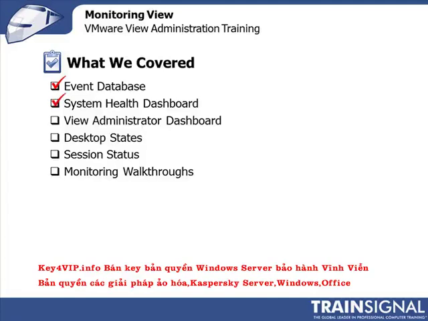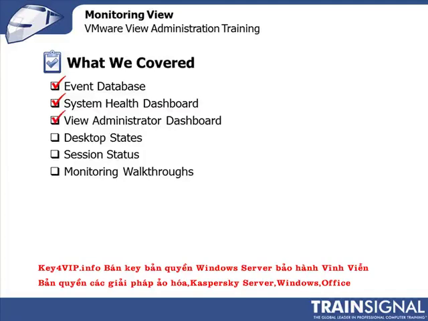Then we talked about the System Health Dashboard, which is that section on the top left corner of the View Administrator console that displays quick information about the number of desktops and services within our View infrastructure that are in different states. Those numbers include a link to view more information about that particular component or state.